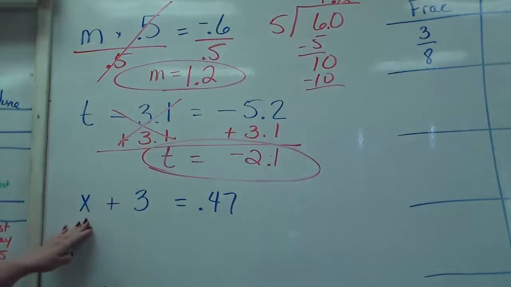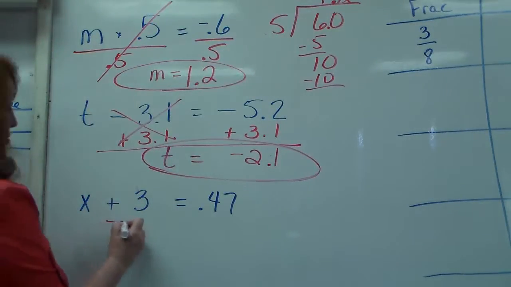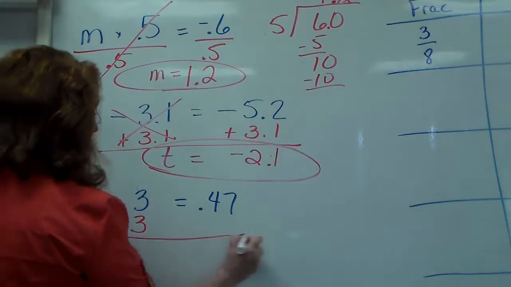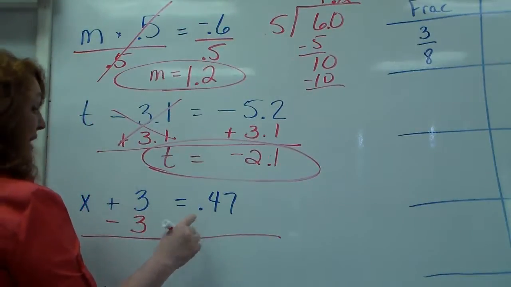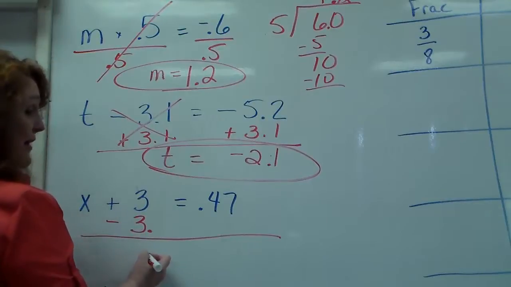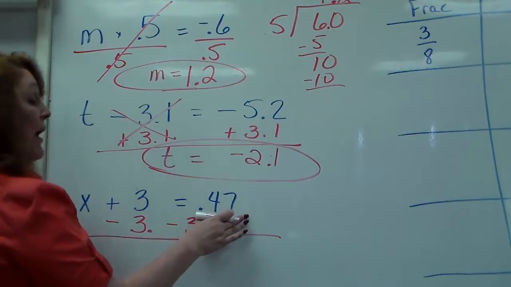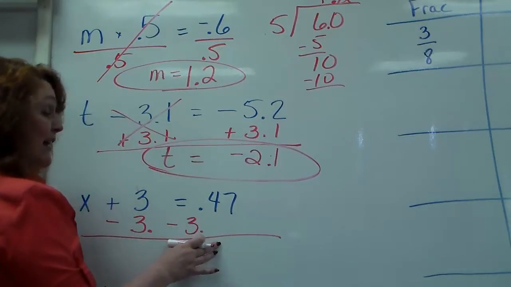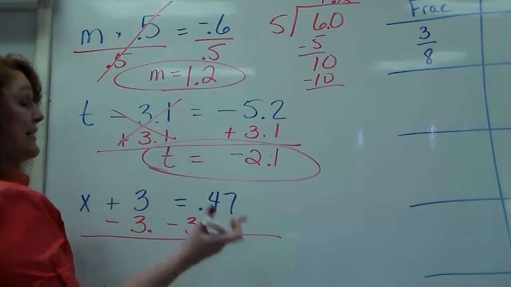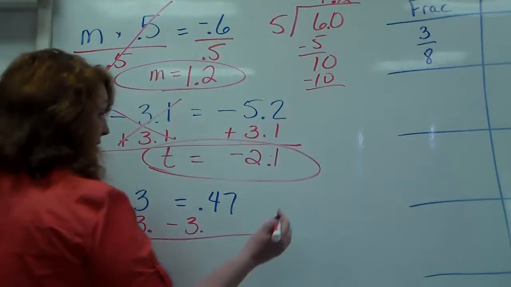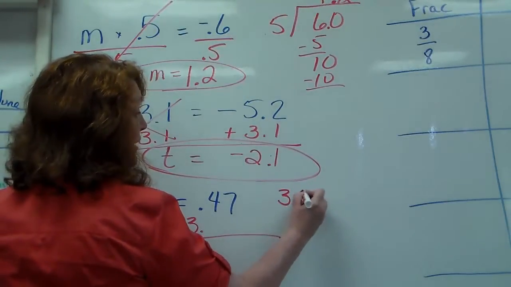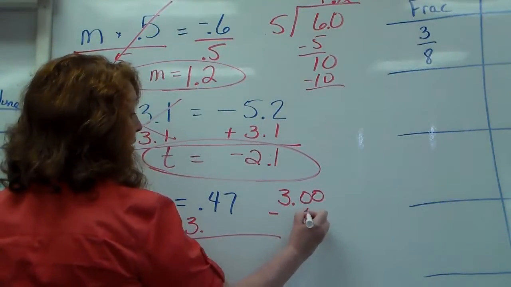Here I have a 3 added to my x. I need to subtract 3 from both sides. But remember, I've got to line up my decimal, and that decimal lives right there. So I'm going to subtract 3 from this. I have a positive 0.47 and a negative 3. In order to subtract, I've got to subtract biggest minus smallest. So this is really 3.00 minus 0.47.